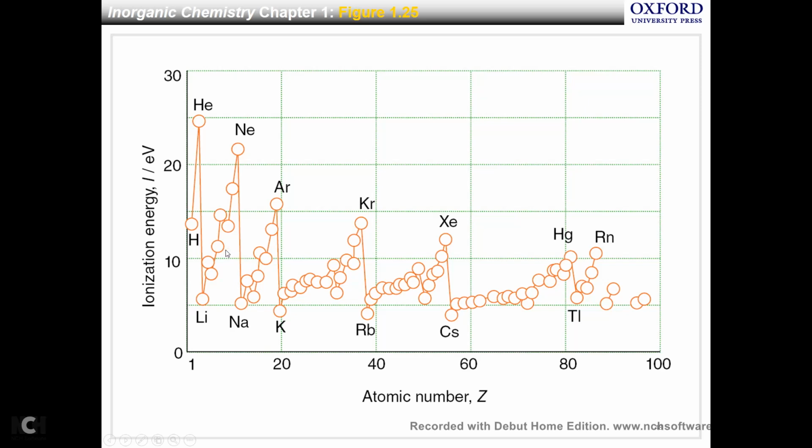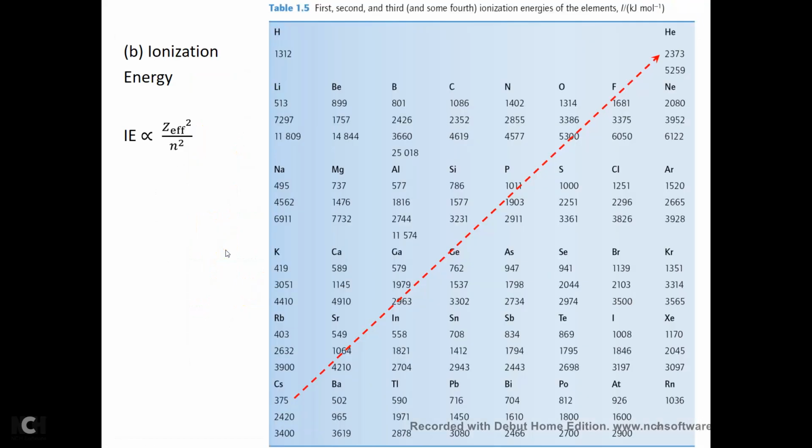Those are mainly due to half-filled subshells or completely filled shells. They are particularly stable. So if you look at this, you can see the ionization energy of nitrogen is actually slightly greater than the ionization energy of oxygen, only because in the nitrogen atom you have a half-filled subshell. The 2p orbitals are half filled.